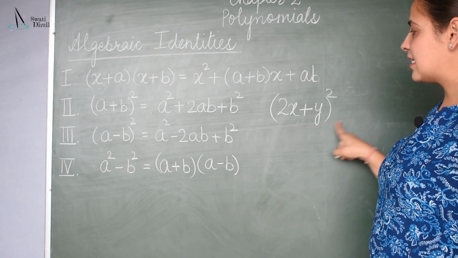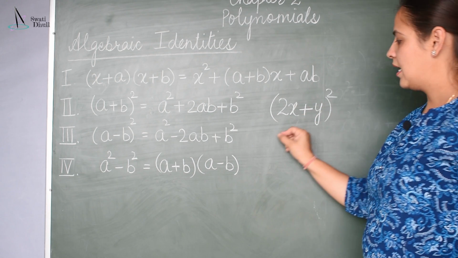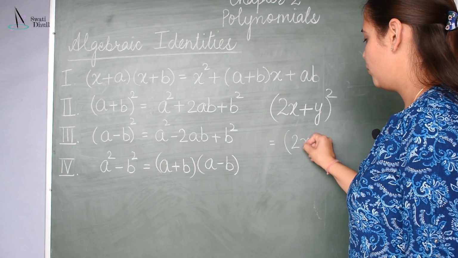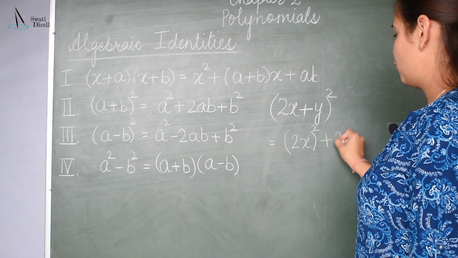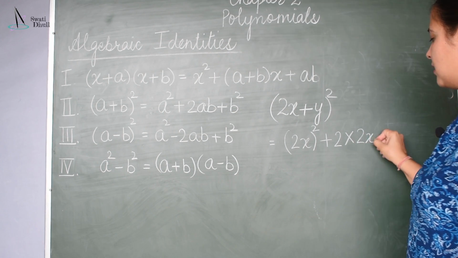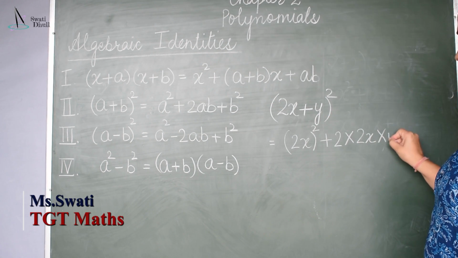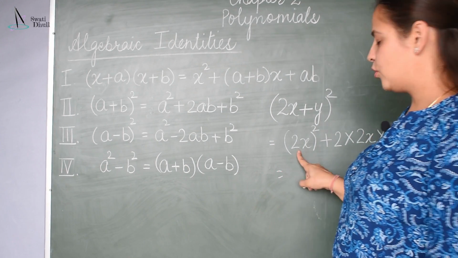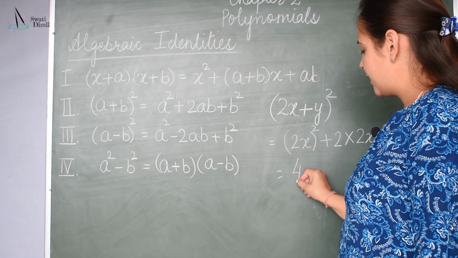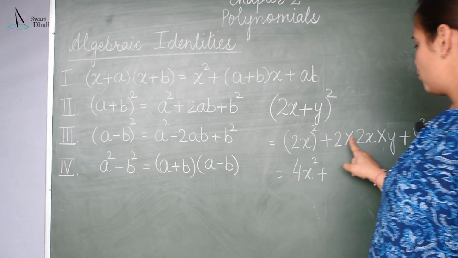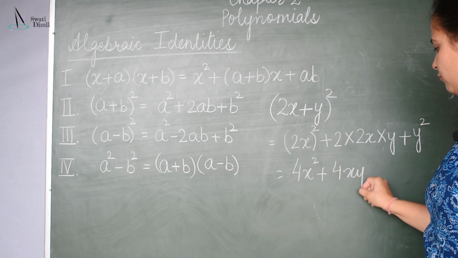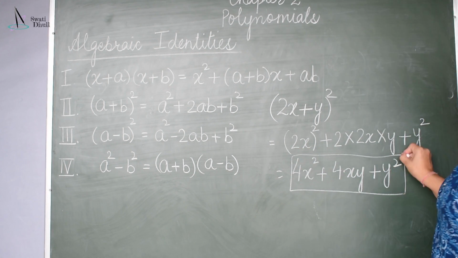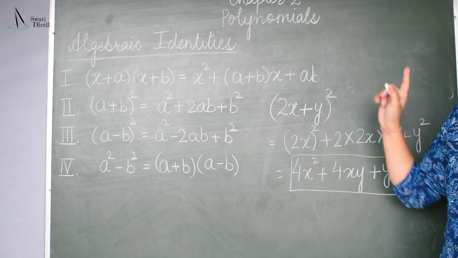That gives (2x)² + 2 times 2x times y + y². So this becomes 4x² + 4xy + y². This is the expansion of (2x + y)².